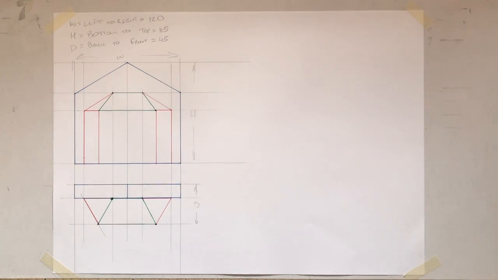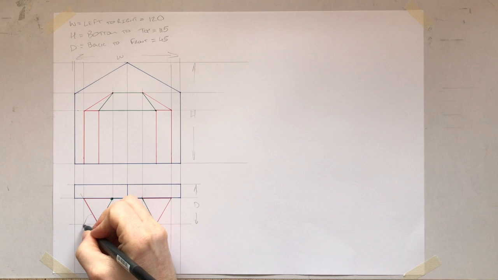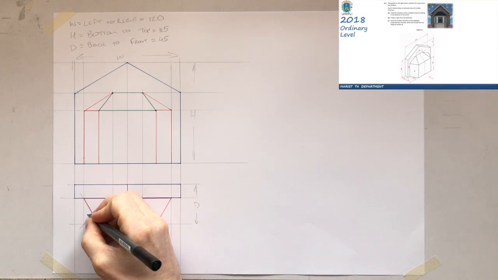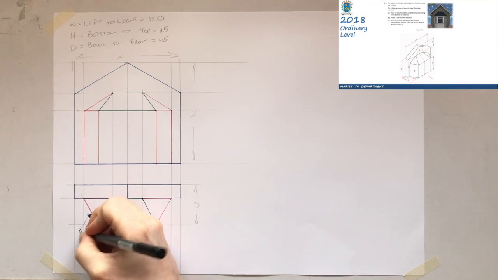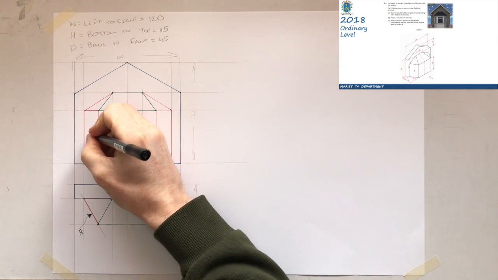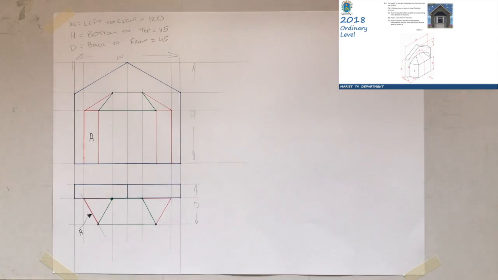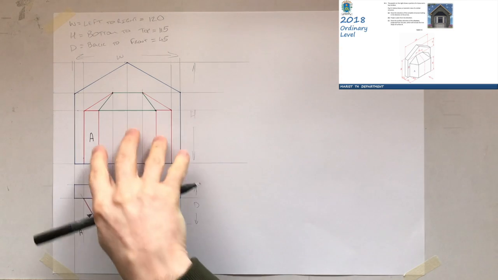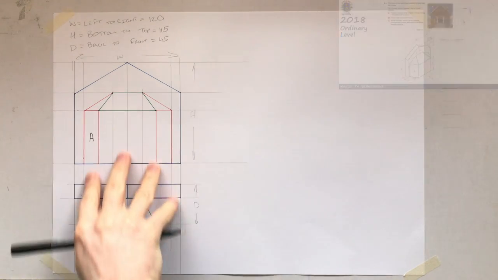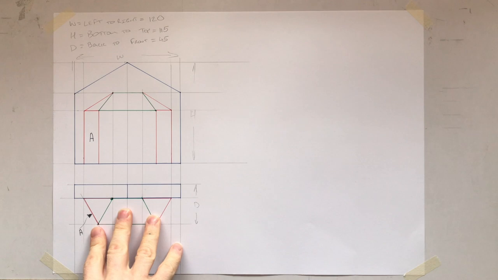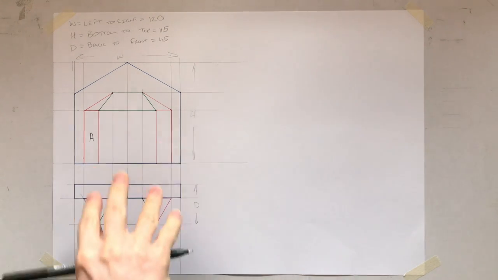Okay, the next part of the question is we need to find an auxiliary elevation showing surface A. So this is going to be surface A, just in there. And we can see that that is surface A just here. To draw this normal elevation, which came from a plan, if we remember that rule, the elevation comes from the plan.